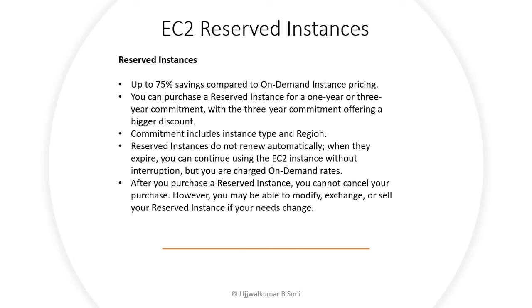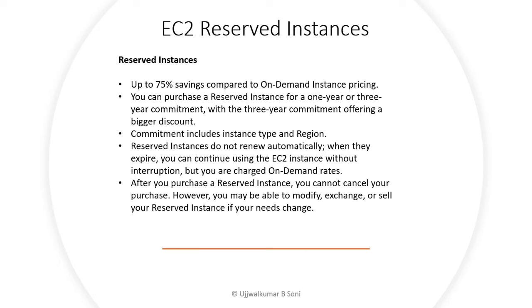Next is the EC2 reserved instances. Basically, you can save up to 75% as compared to the on-demand pricing. You can purchase a reserved instance for a 1 year or 3 year commitment, and of course with a 3 year commitment you get a bigger discount. The commitment includes instance type and region.